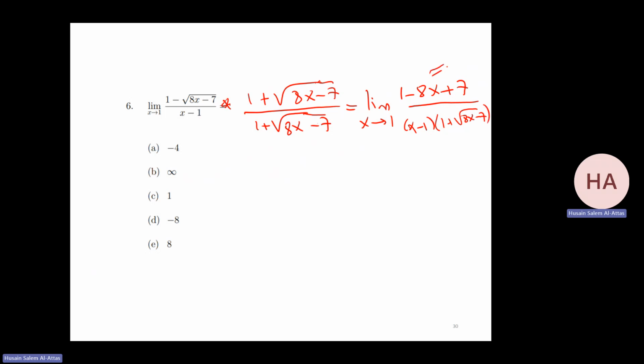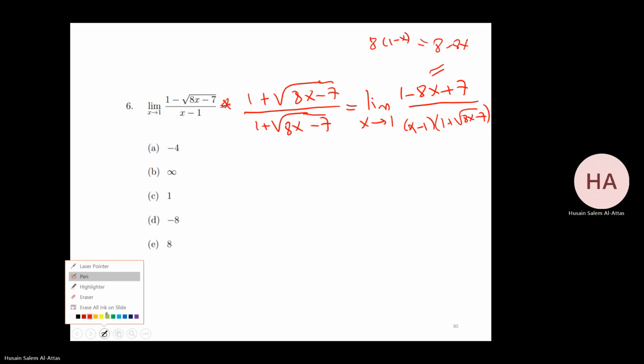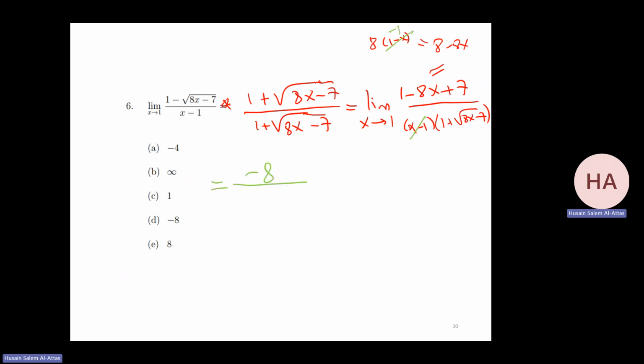This one is what? It's 8 minus 8x, or in other words, it's 8 times 1 minus x. So that gives me what? This cancels with this. I need minus 1 here. So I have minus 8 over 1 plus square root of 8 minus 7, 1 plus 1. So I'm getting minus 4. And that will be the answer.